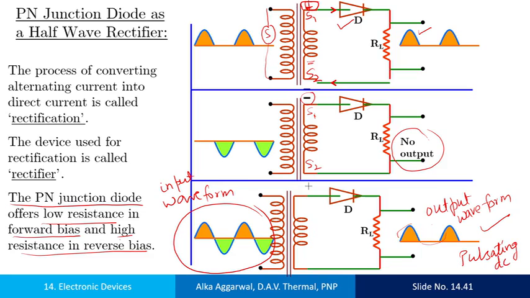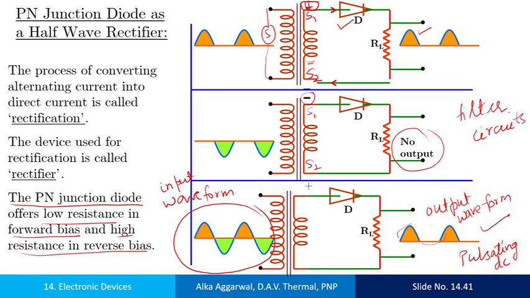To have constant value, we use filter circuits. Filter circuits consist of the inductors and the capacitors and it gives the constant output. Half-wave rectification is not preferred because output is pulsating and not a constant DC.